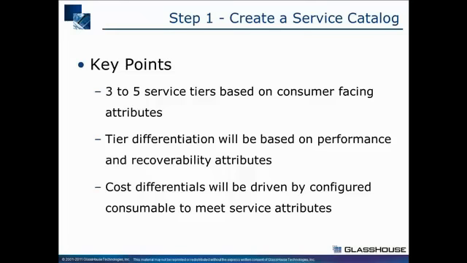I'm going to speed up a little because, let's see, we're about halfway through. So key points: 3 to 5 service tiers based on consumer-facing attributes. Tier differentiation is based on performance and recoverability. Cost differentials are driven by configured consumables to meet the service attributes.